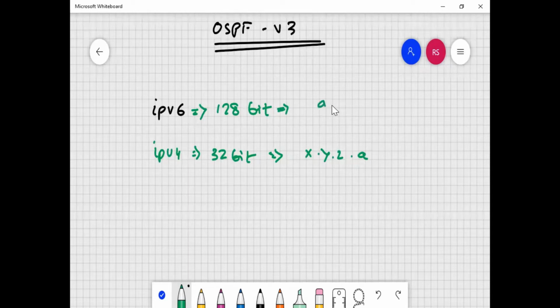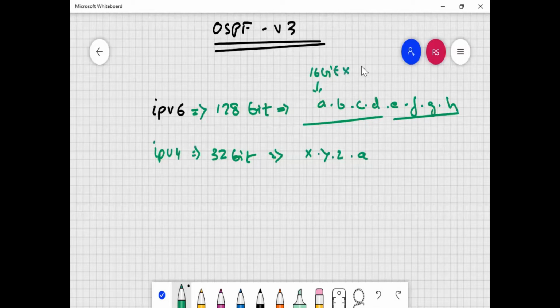It is maybe A.B.C.D.E.F.G.H, maybe 8 portions. Everyone, this portion is representing 16 bits. So 16 into 8 equal to 128, total your 128 bits.